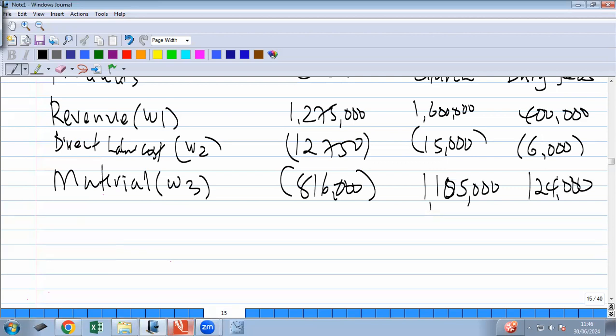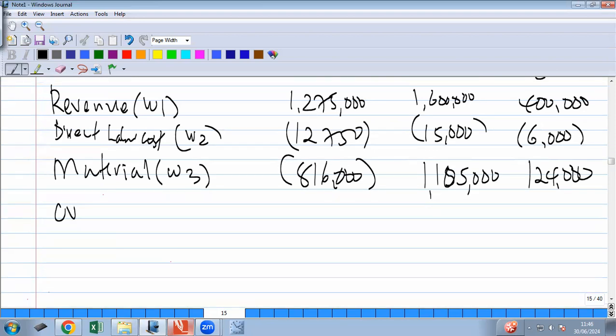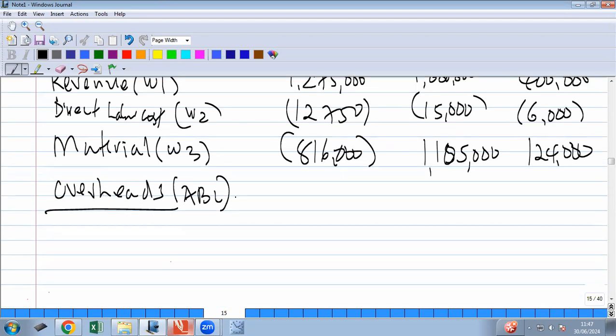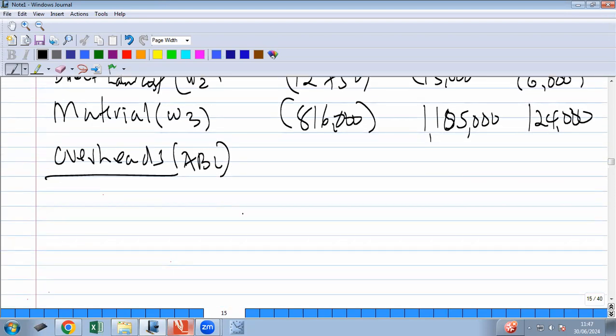Okay, is there any other direct cost? We don't have. Okay, we can now come to overheads, right? And overheads, we are going to use ABC. Correct? Now, ABC, we need to identify the cost drivers.